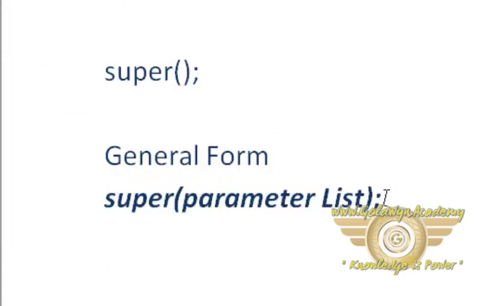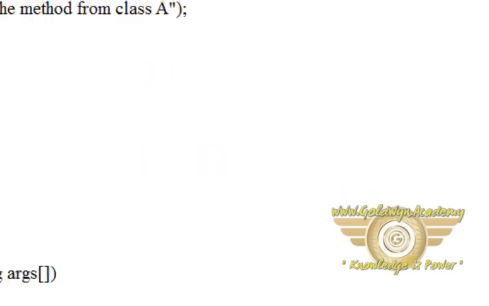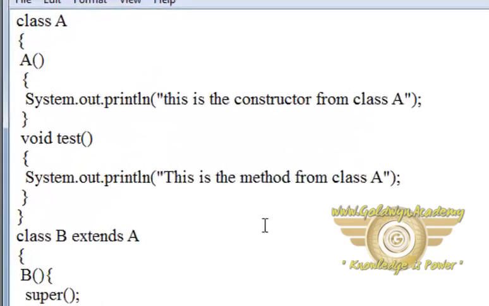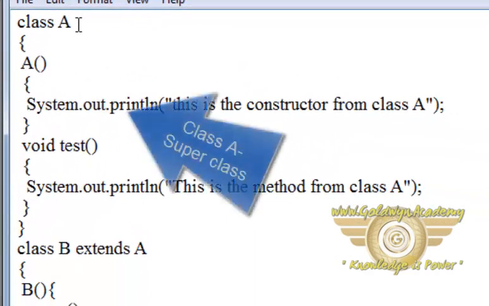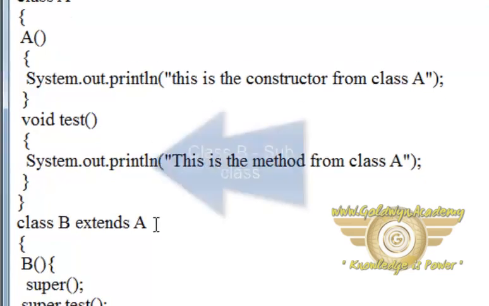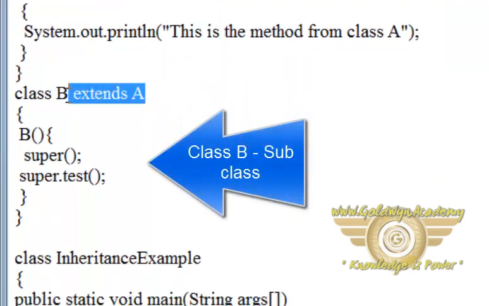Now let's check the program. This is the example of inheritance. Here we have the class named A and we have a constructor also. We have a test method in class A. Now this is class B, which is the subclass, and class A is the superclass.